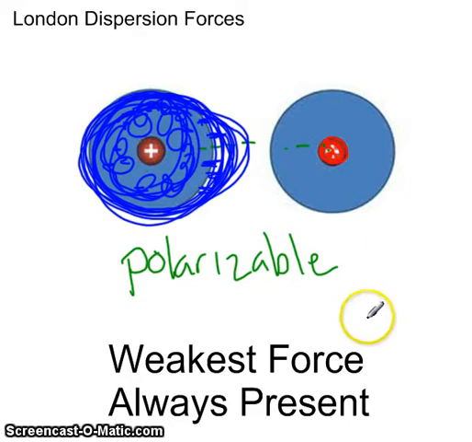That's what we call polarizable, or sometimes polarizability. The more likely atoms are to do this, the more polarizability it has, and therefore the stronger the LDF is going to be.